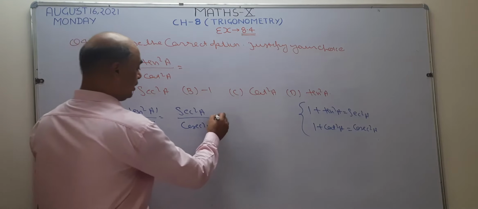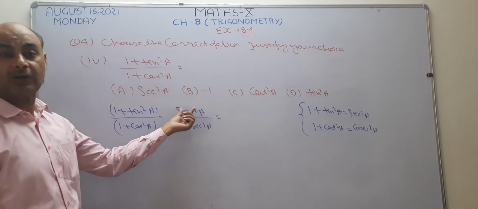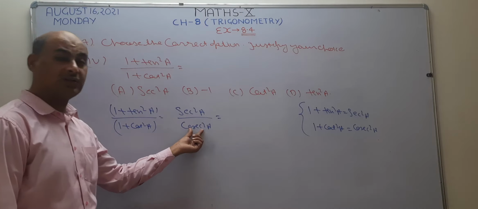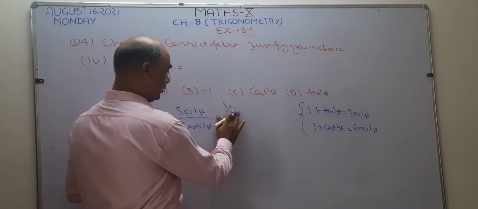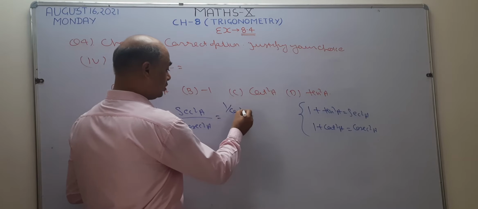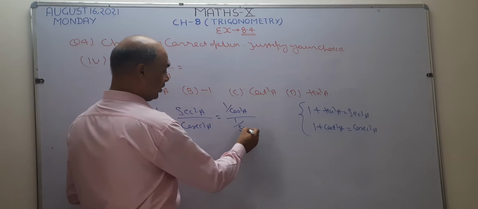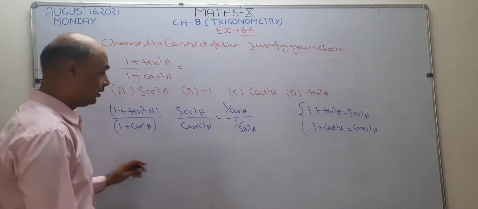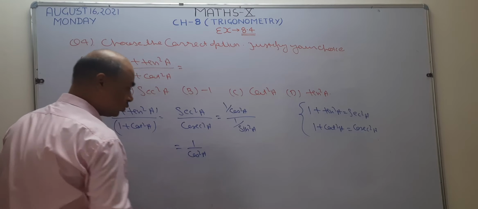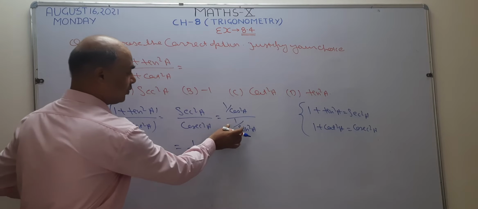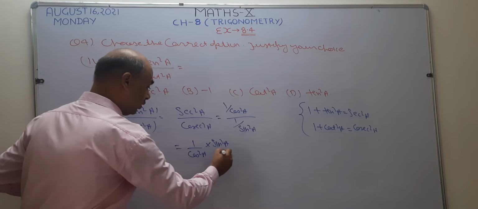After that I want to take the reciprocal. Reciprocal of secant is 1 by cos, reciprocal of cosec is 1 by sine. So instead of secant square A, I write 1 by cos square A, and instead of cosec square A, 1 by sine square A. Now I write the first term as it is, 1 by cos square A. I take the reciprocal of this part, so it becomes sine square A upon 1.